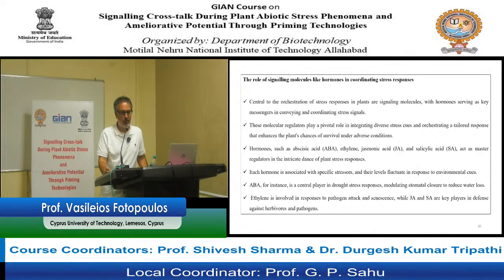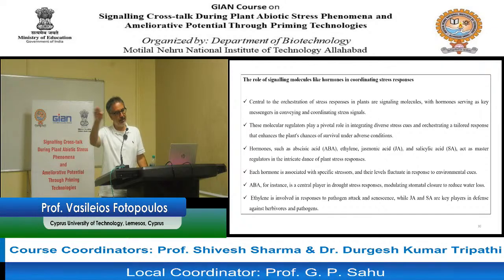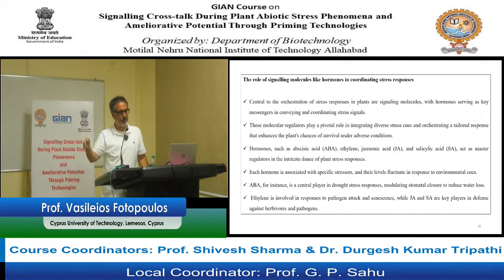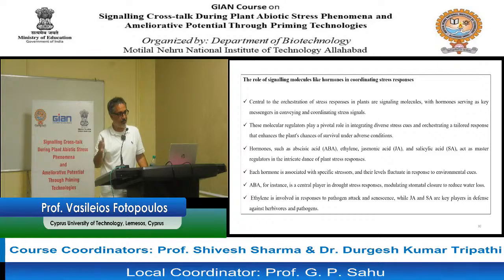lipoxygenases, the LOXes, and actually specifically 9 lipoxygenases, because there is a big family consisting of 13 lipoxygenases and 9 lipoxygenases, and the 13 lipoxygenases use linolenic acid as substrate. The 9 lipoxygenases use linoleic acid as substrate, and actually in this case it was the 9 lipoxygenases, which is effectively LOX1 and LOX5 in Arabidopsis specifically.